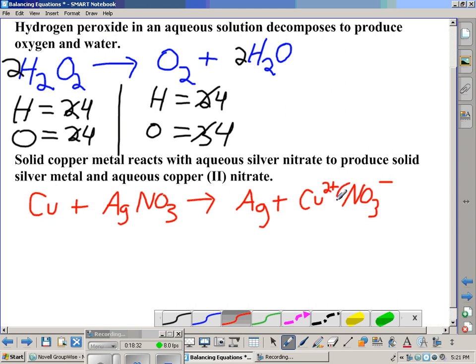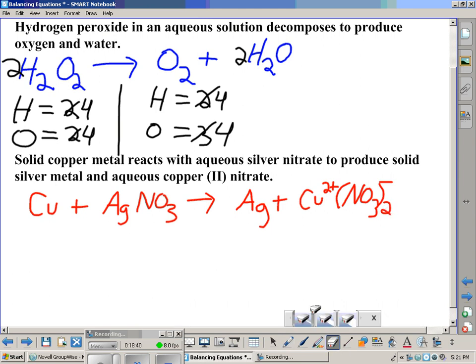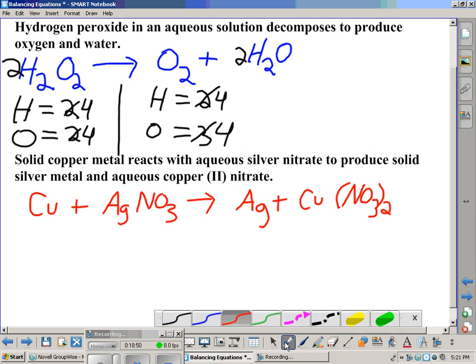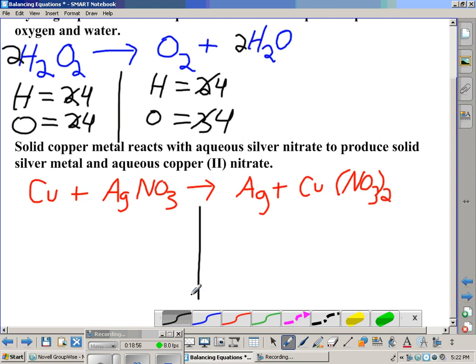So I'm going to put this polyatomic ion in parentheses and put a 2 right there. And I can get rid of my charges. Let me clean that up a little bit. All right, let's balance this thing. So we draw our line. I need a little more room.